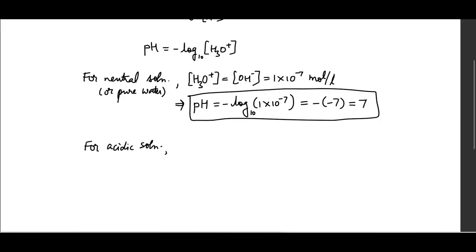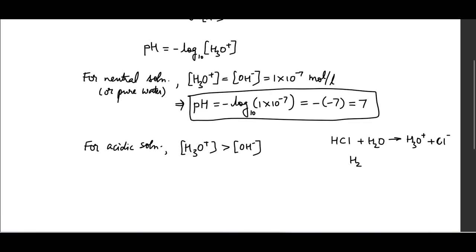For acidic solution, what is the pH value? So we know that in acidic solution, concentration of hydronium ions is greater than concentration of hydroxyl ions. Because what happens, in the previous video also we understood this concept, but just to reinforce, let's take an example of HCl. So HCl plus H2O is giving a strong acid, so single arrow, H3O plus plus Cl minus, correct?